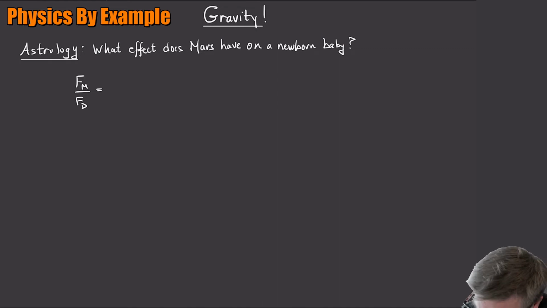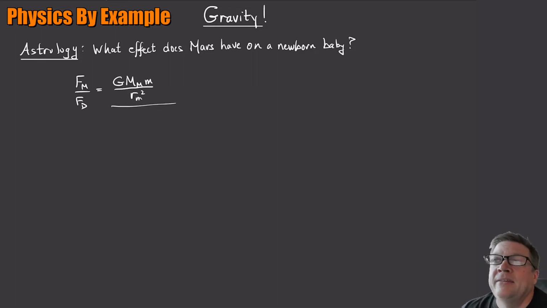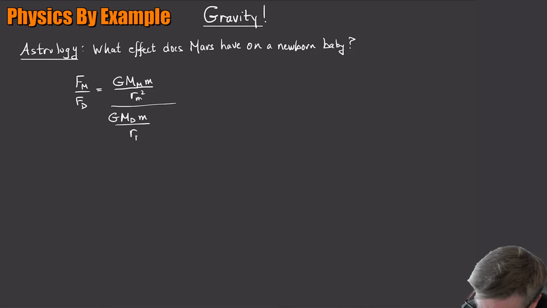So what is the gravitational force of Mars? Well, it's G times the mass of Mars times the mass of the baby divided by the distance to Mars squared, right? And then the force from the doctor is just going to be G times the mass of the doctor times the mass of the baby divided by the distance between the doctor and the baby squared. Okay, so really the mass of the baby doesn't matter. G doesn't matter.